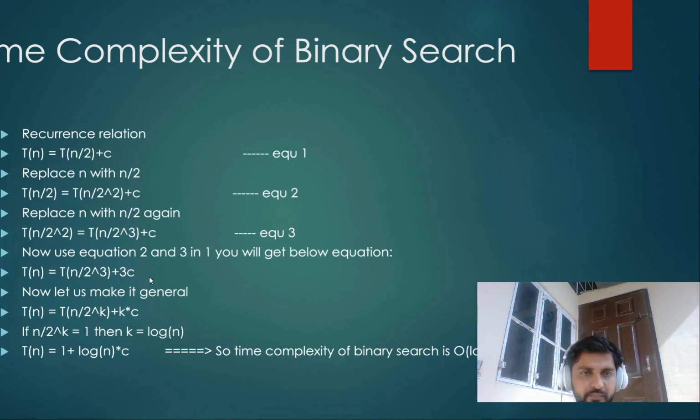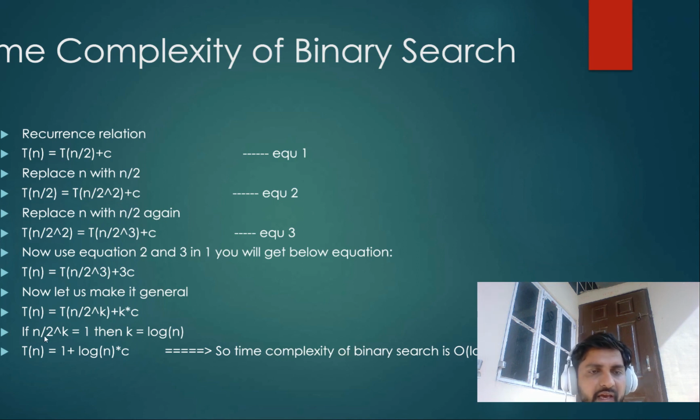Now let us make it generic. We can see 2 to the power 3 plus 3c. So let's say T of n by 2 to the power k plus kc for k number of steps. Now we know that, hey, whenever the array size is 1, the number of comparisons will be 1.